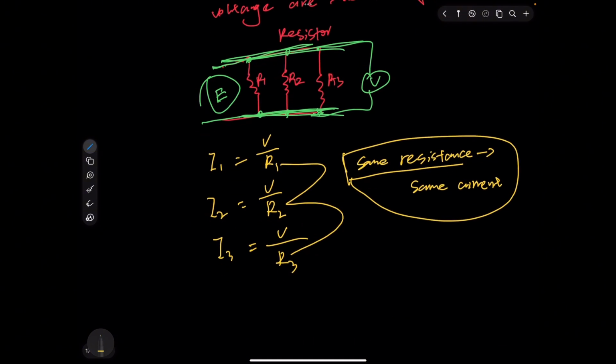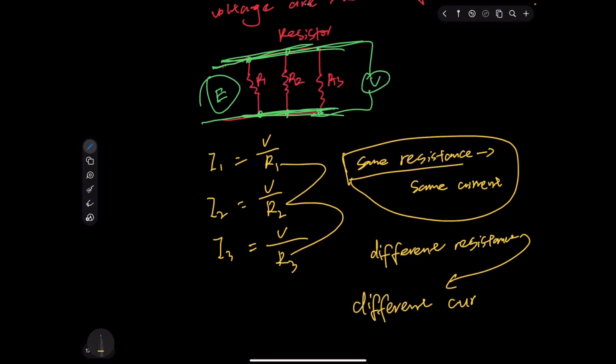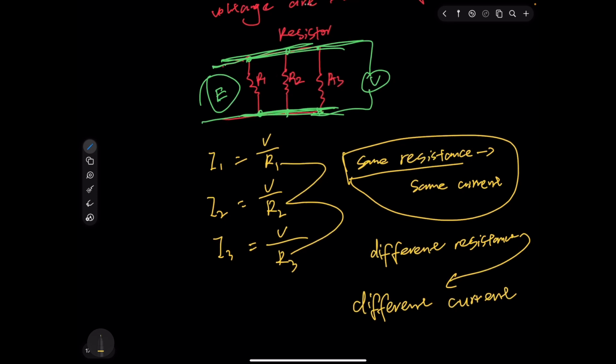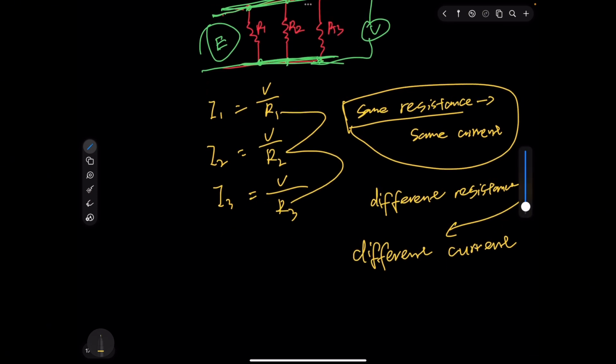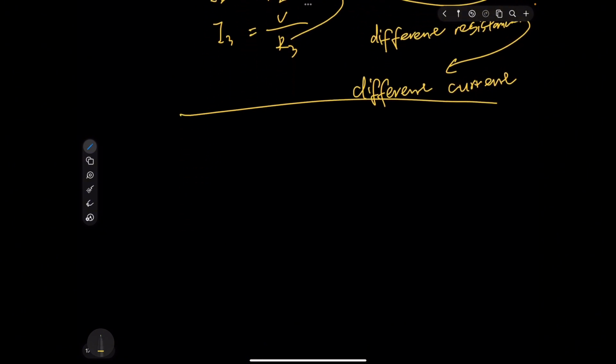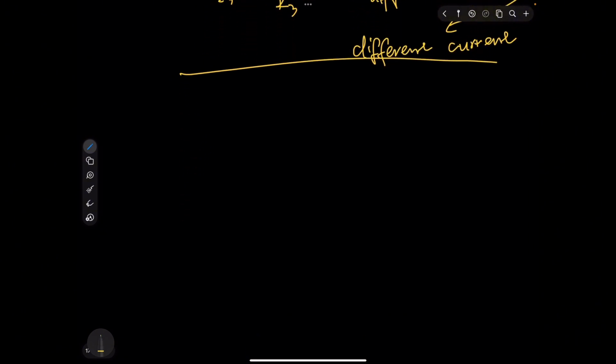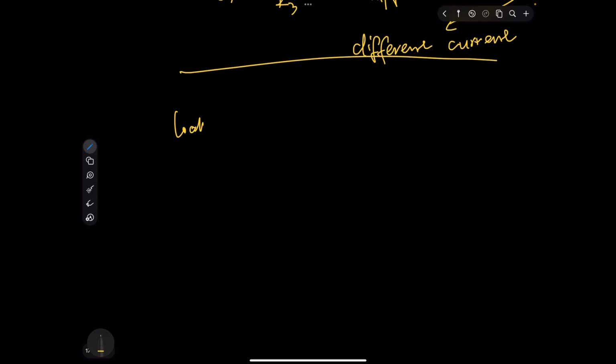If they have different resistance, that will give us different current. So if we remember that, let's look at another example.